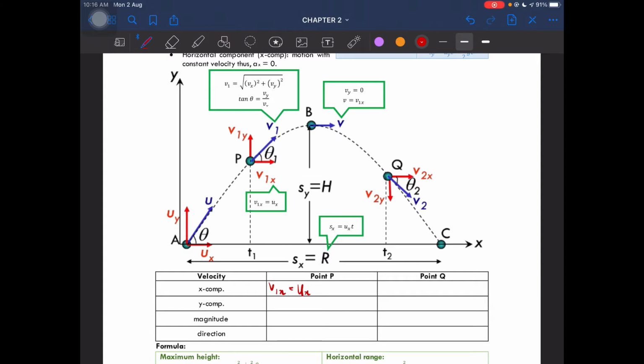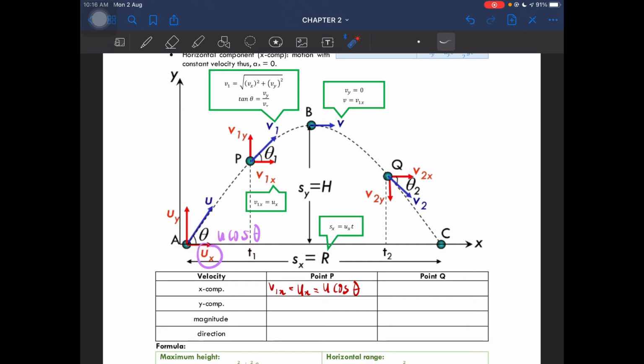Because we know that there is no acceleration on the x component, so it will always be equal to this one. ux is equal to u cos theta. We are resolving this u in the x direction, in the x component.